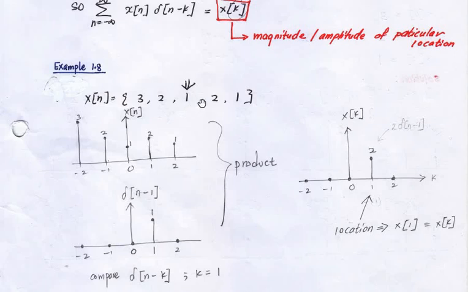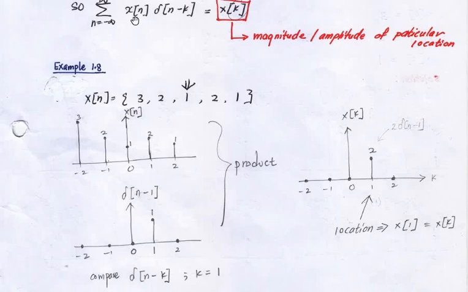And then at the right hand side, at n equal to 1, the value is 2. At n equal to 2, the value is 1.